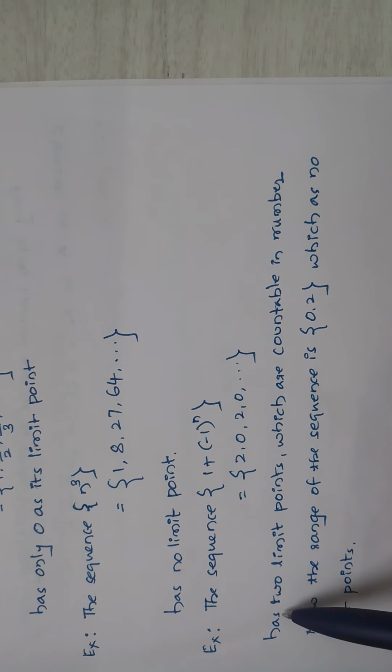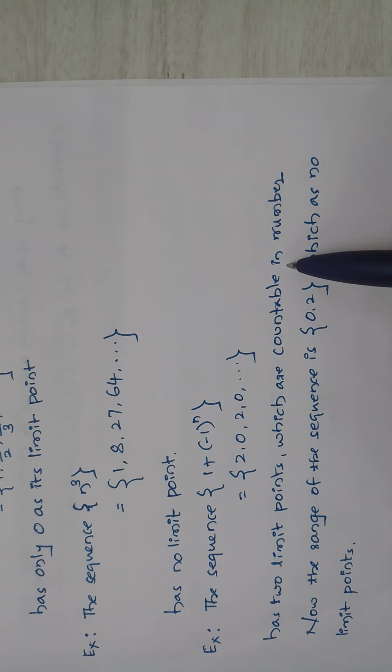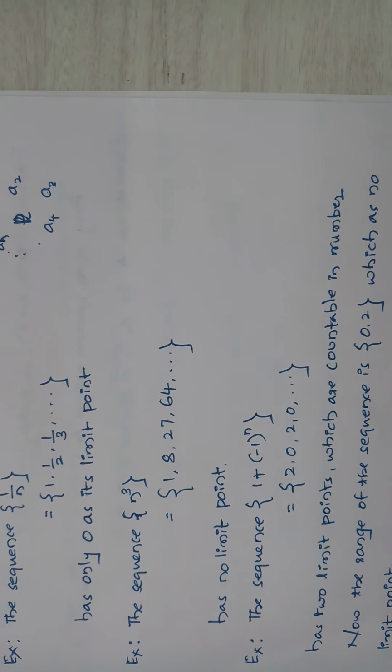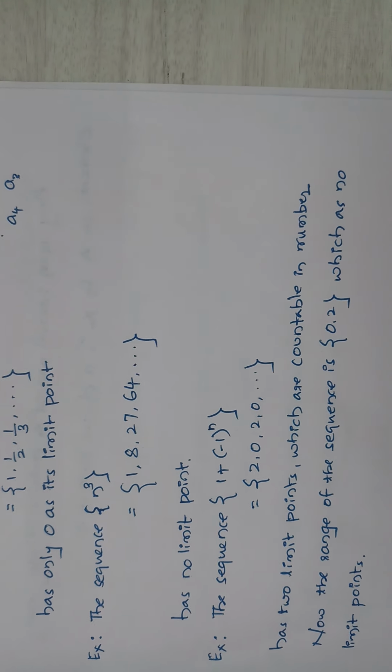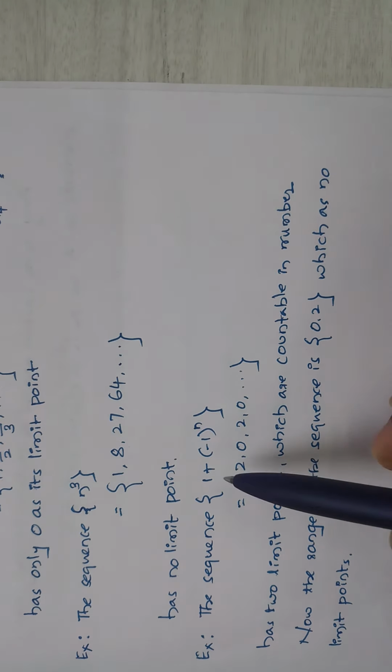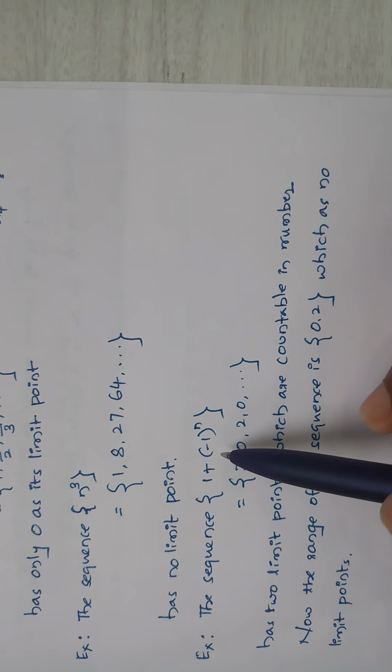Therefore this sequence has two limit points, which are countable in number, but the range of the sequence, 0 and 2, has no limit points. To satisfy the limit of a sequence definition, only one limit point should be there, but here we are getting two limit points. Because of that, this sequence has no limit.